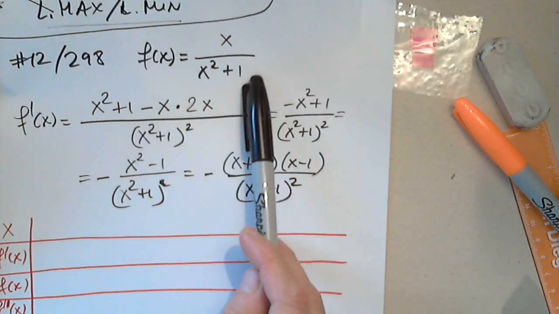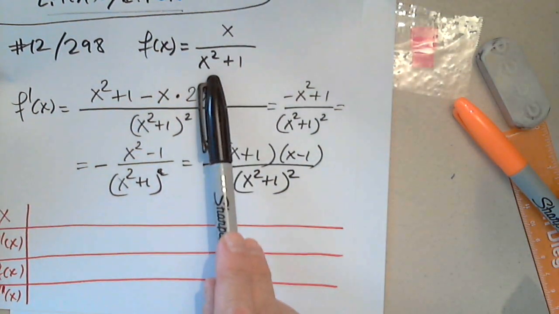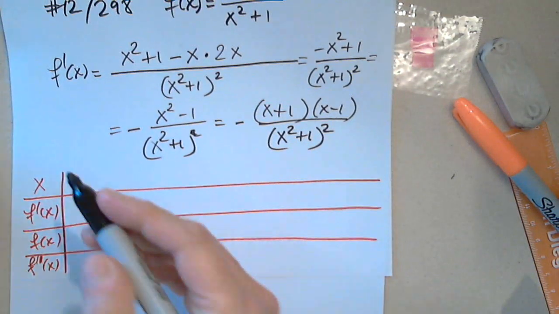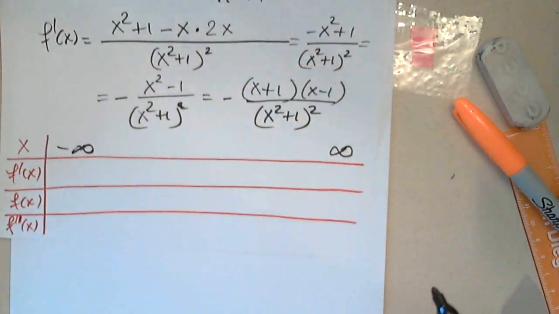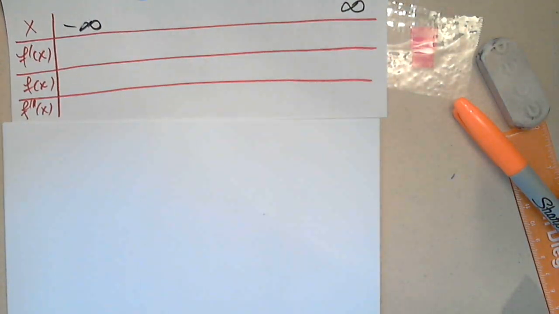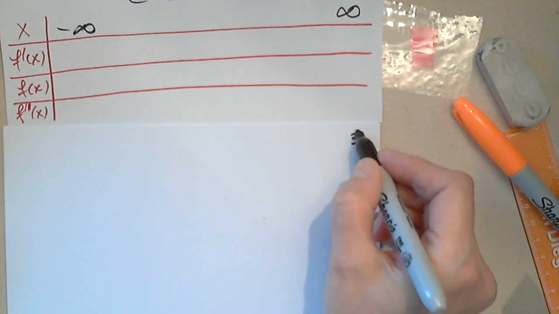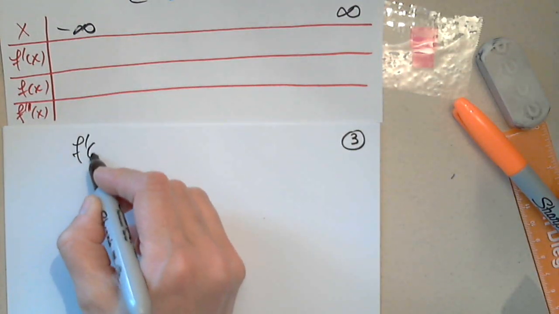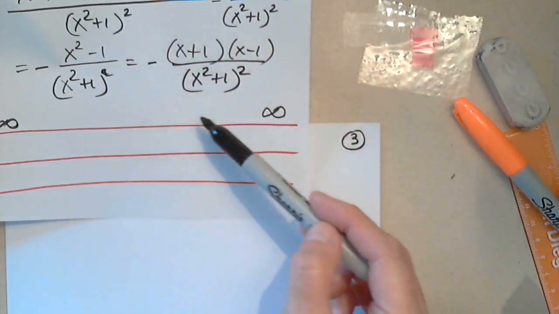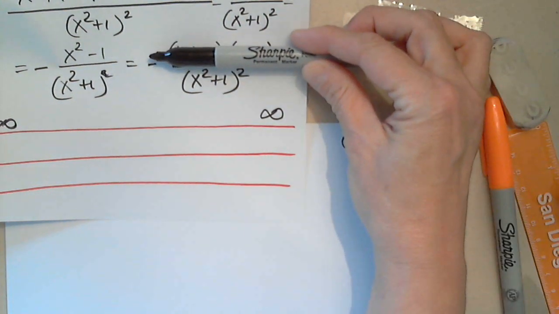I look at this function and I realize that the domain is all real numbers. How come? X squared plus 1 is never 0. Then I proceed to find the critical numbers. So when I set f prime equal to 0, I know that a fraction is 0 only when the top is 0.